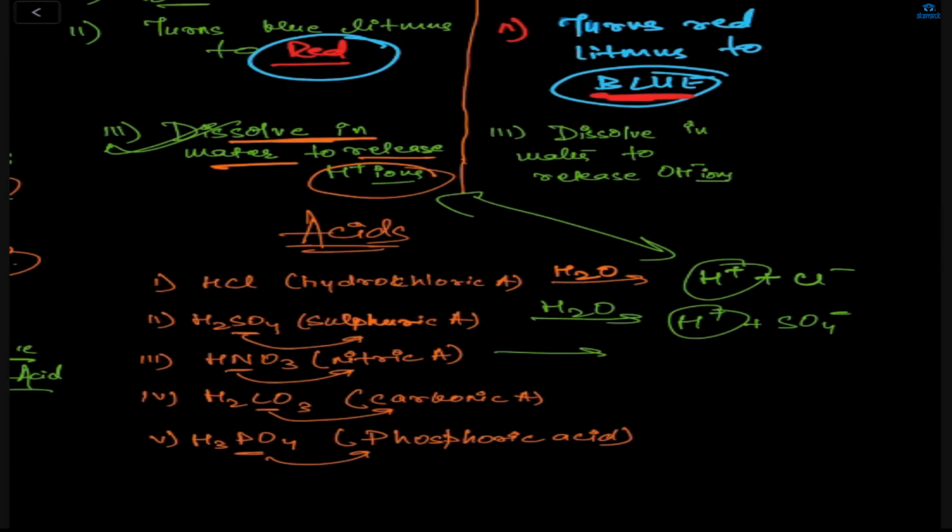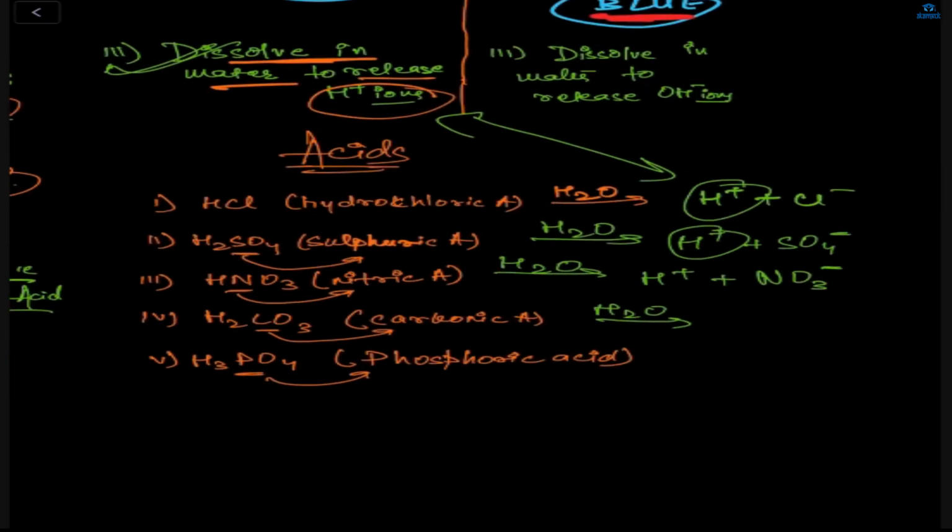Nitric acid, HNO3, again releases H plus ion and NO3 minus. The carbonic acid will again release H plus and CO3 2 minus.